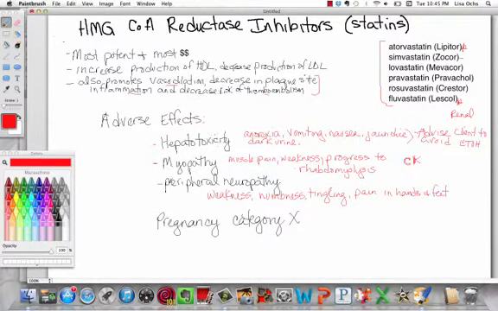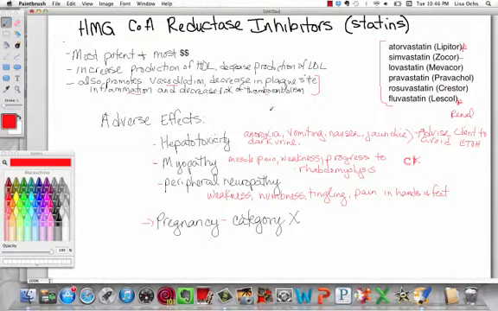All right, so those are some of the adverse effects. And these drugs are pregnancy category X. They should not be used at all in pregnancy. If the patient becomes pregnant while taking them, they should stop taking them immediately and report to their provider.